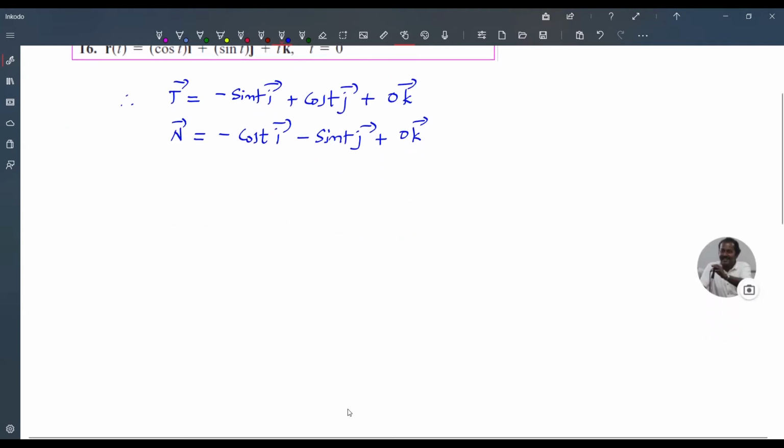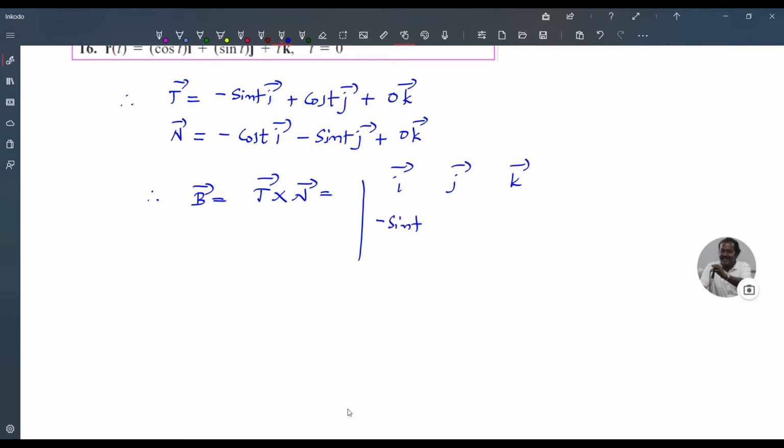Now we have to find b. b is equal to t cross n, that is equal to the determinant of i j k, minus sin t, cos t, 0, minus cos t, minus sin t, 0.